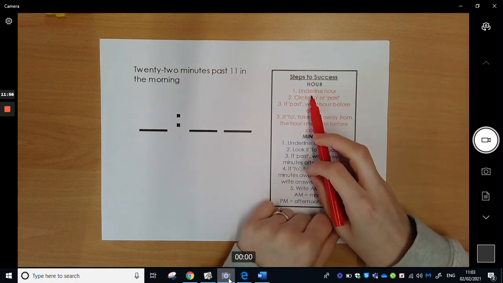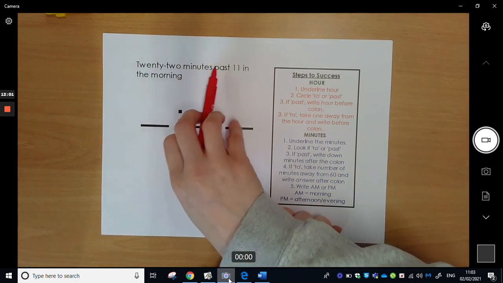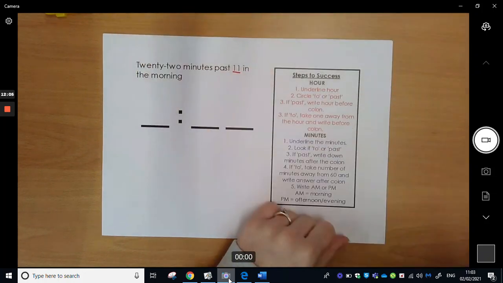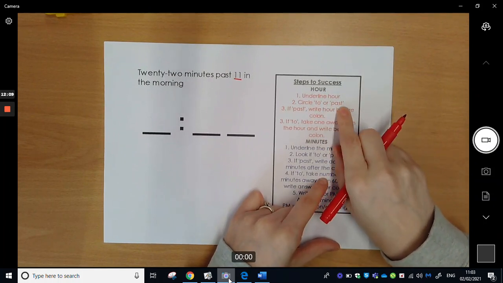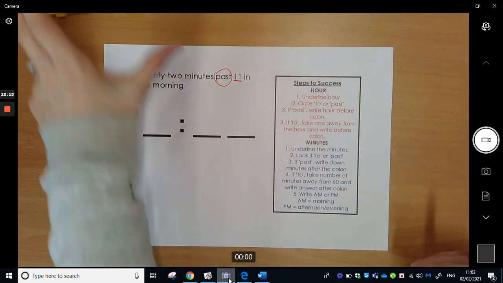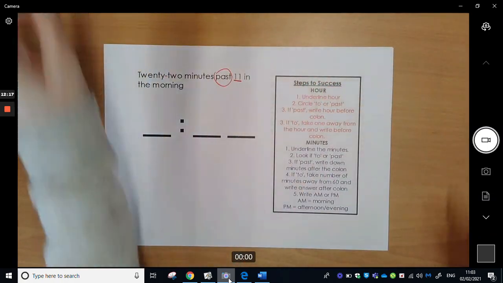So the first thing I need to do is underline the hour. So it's 22 minutes past 11. So 11 is the hour, okay, because this is describing my minutes. So I need to think now, is it to or past? So it's past. As I've just made on my clock, I know it's on the past side, and it tells me in here.